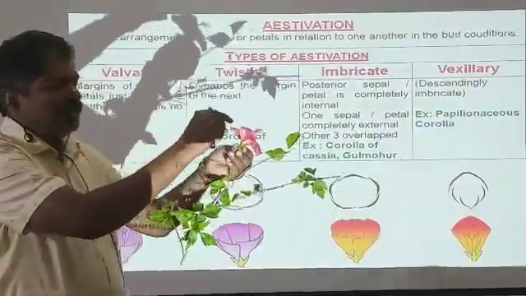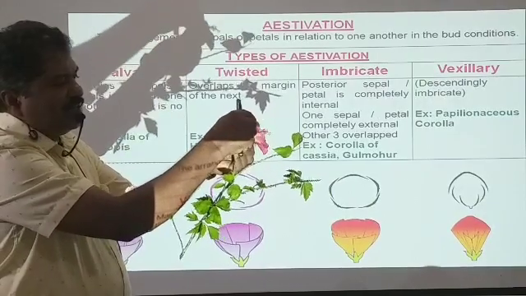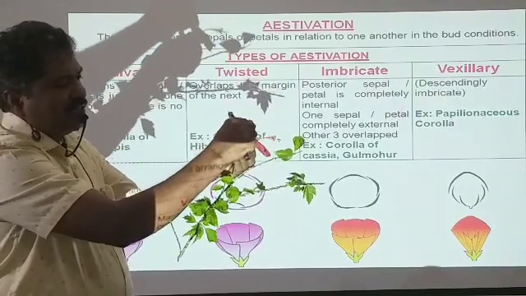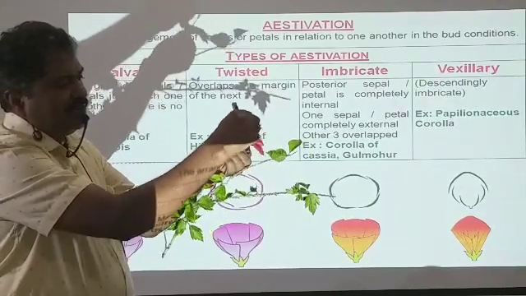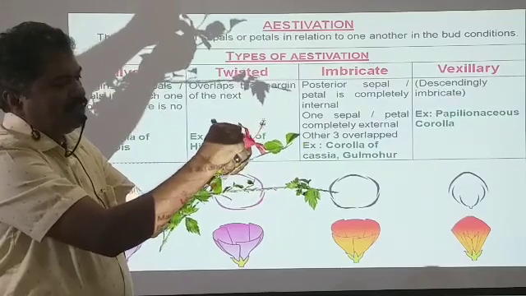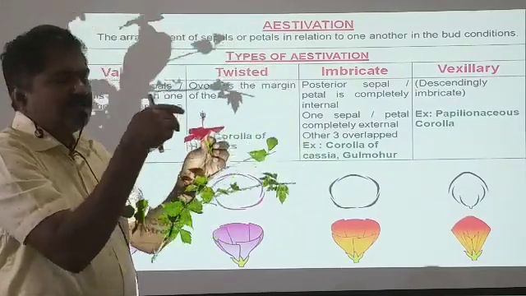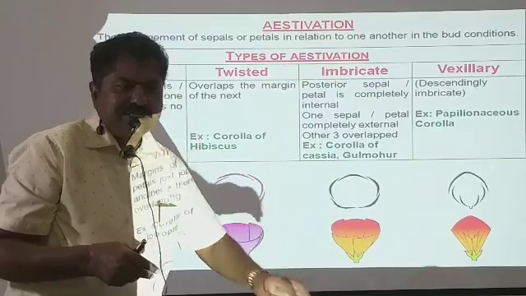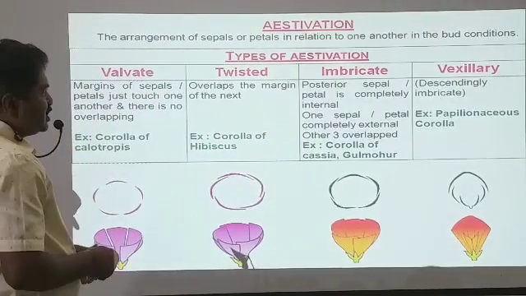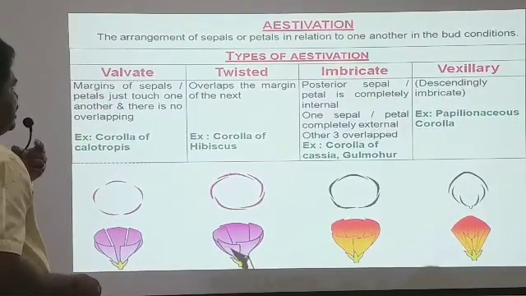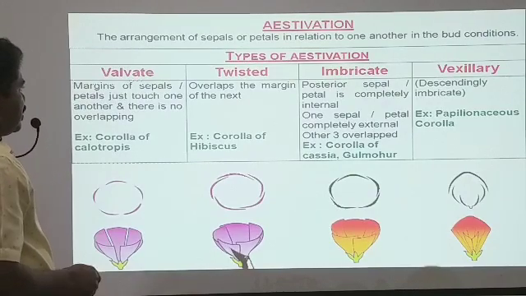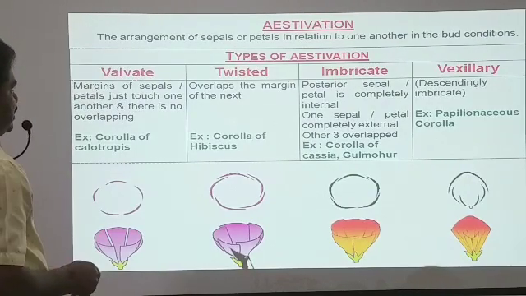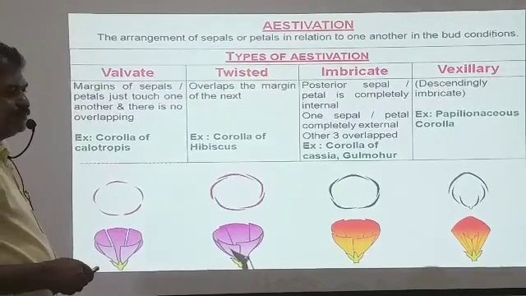Here you see one margin is outside and another margin is inside. Out, in, out, in, out, in. So one margin is inside and one margin is outside. That's what we call the twisted aestivation. So the corolla of this hibiscus shows twisted aestivation.